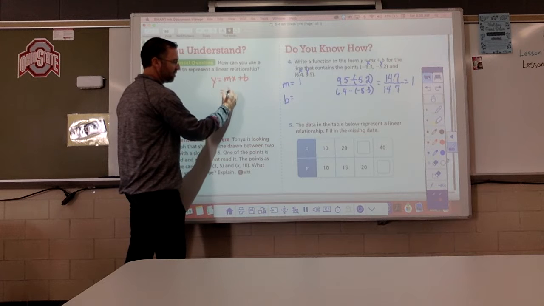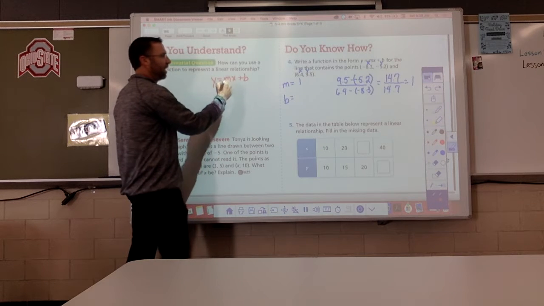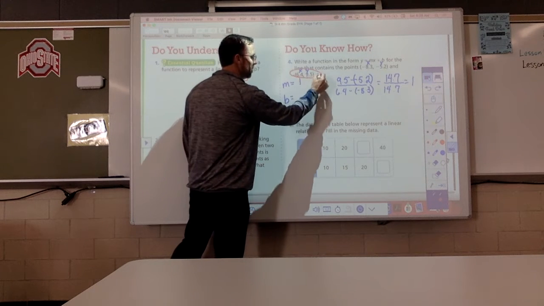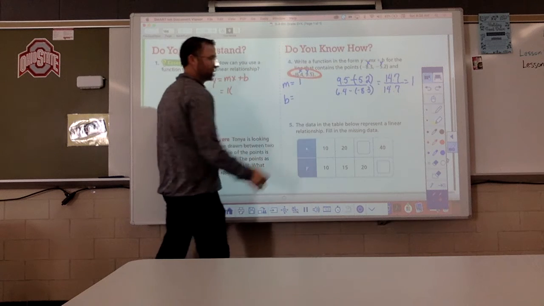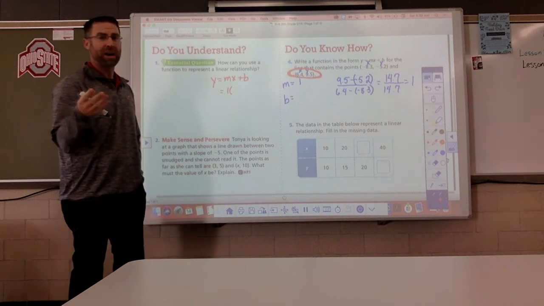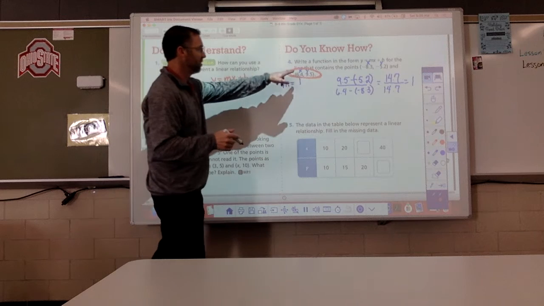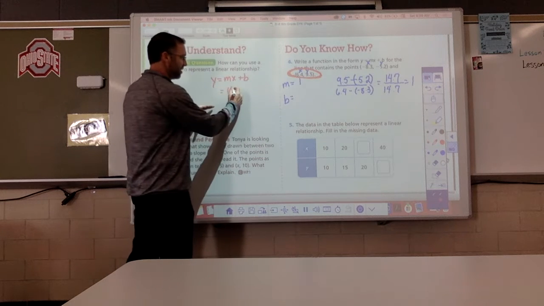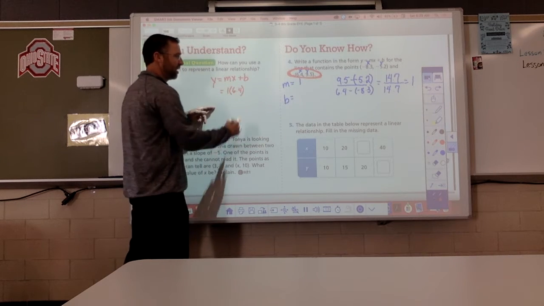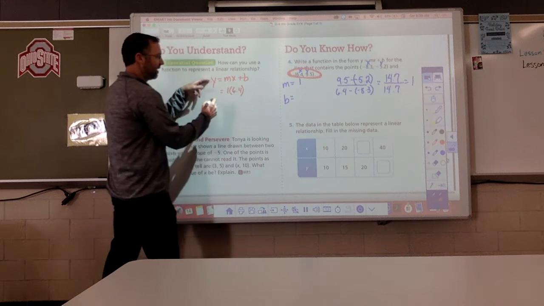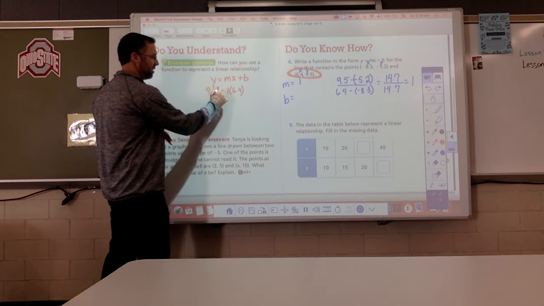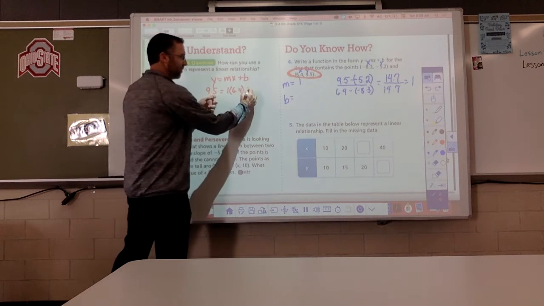So I'm going to substitute 1 in there for m. And then we're going to use one of the coordinate pairs, the one that has 2 positive values. I'm going to substitute the x value in for x. So 6 4/10 goes here, 9 5/10 over there for the y value.